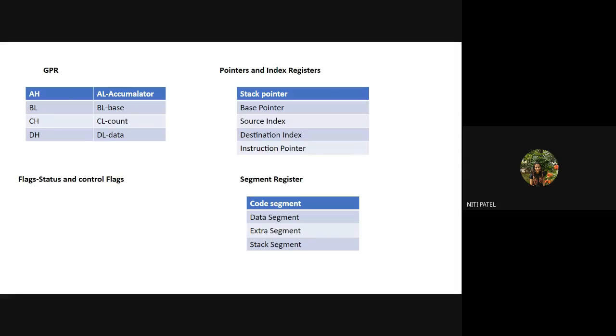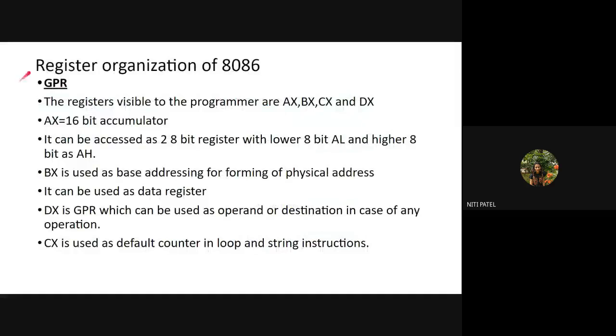Okay. So your AX is of 16 bits, which is divided into AH of 8 bit and AL of 8 bit. Similarly, your BX is divided into 2 8 bits, BH of 8 bits and BL of 8 bits. Similarly, CX is of 16 bits divided into CH of 8 bit and CL of 8 bit.